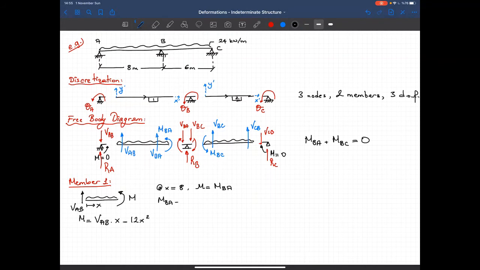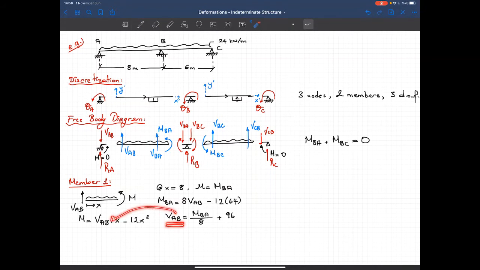MBA is equal to 8 times VAB minus 12 times 64. Okay, and from that equation I obtain VAB as equal to MBA divided by 8 plus 96. Okay, so I obtain an equation for VAB.